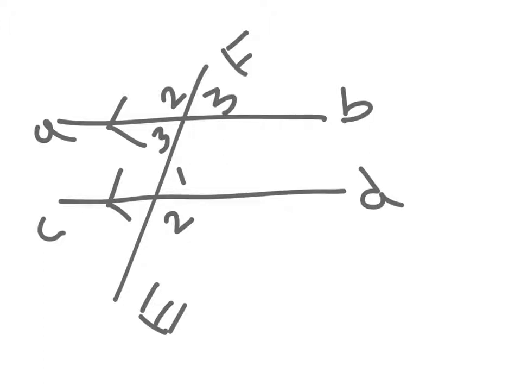Then corresponding angles. Corresponding angles are a pair of angles that are in the same position on each parallel line cut by the transversal. They are represented by the number 4.